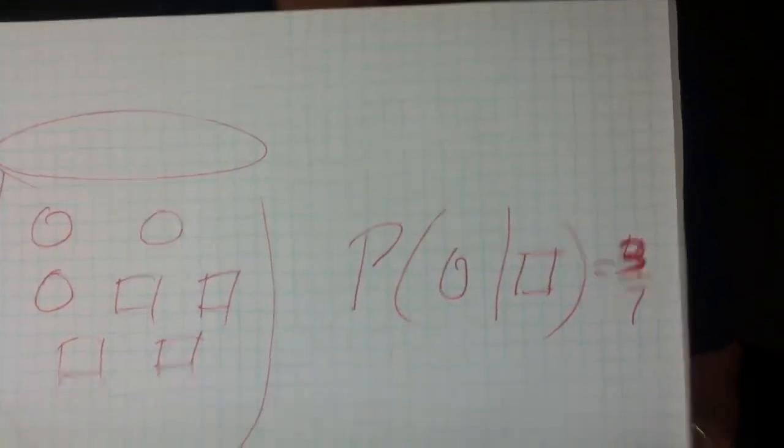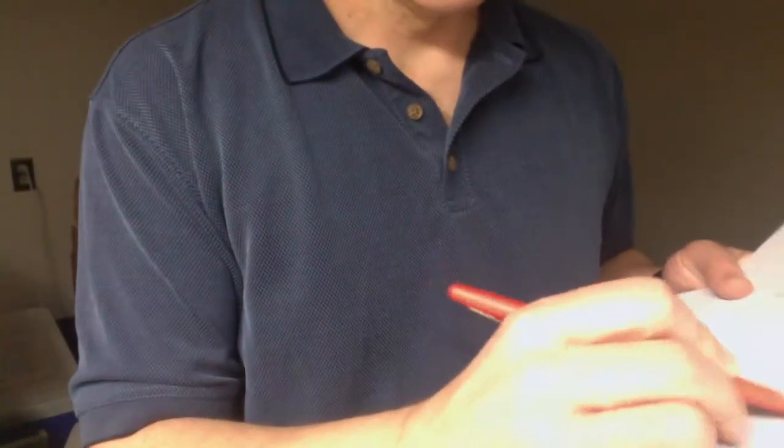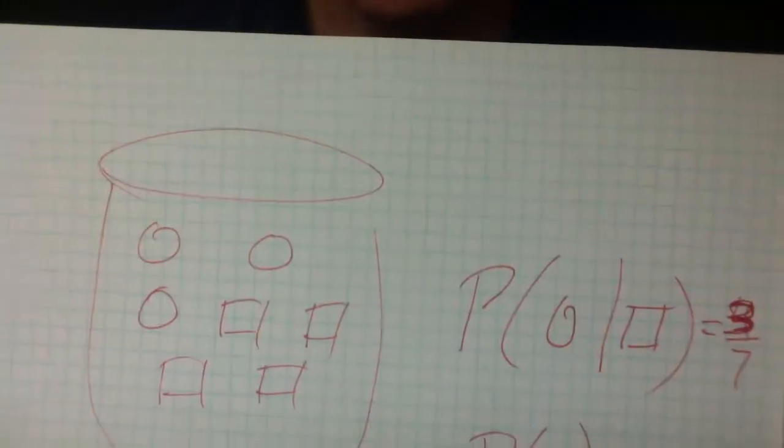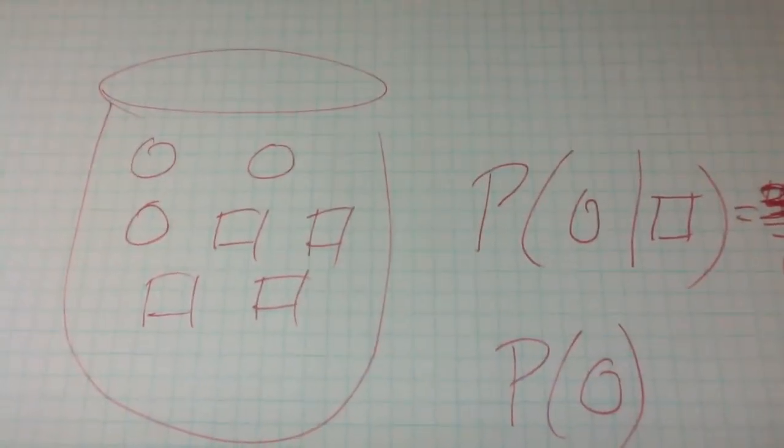Little side note. What's the probability of drawing out a circle? It's still 3/7.